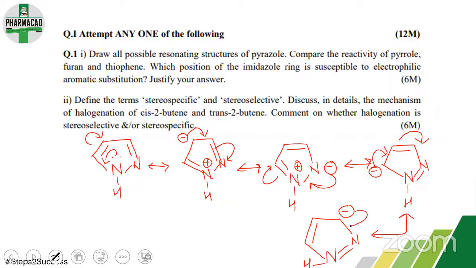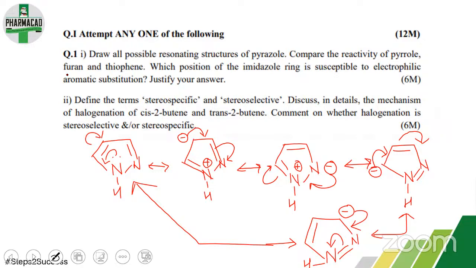At the end, this gets shifted over here, and this double bond will get shifted on this nitrogen, and we will get this structure. So these are the resonating structures of pyrazole. For this, you should know from which atom we have to start, and you have to follow the same manner. You can't change the direction in between.